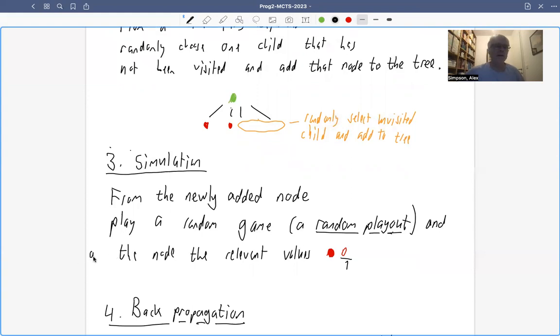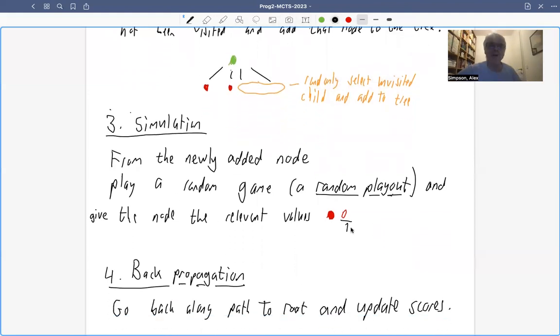Let me just write "give", well, it's shorter. So the relevant values, so the statistics: who won the playout, in this case green, and we mark that this node has been visited once.